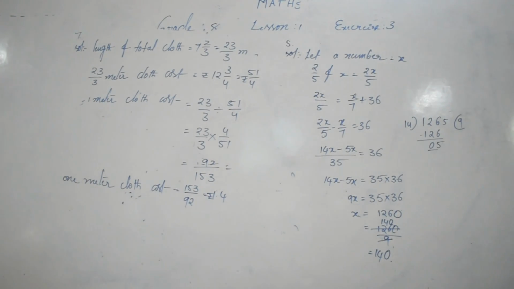Next one, the eighth one. Find the area of the rectangular park which is 18 3 by 5 long and 8 2 by 3 broad. Area they are asking.